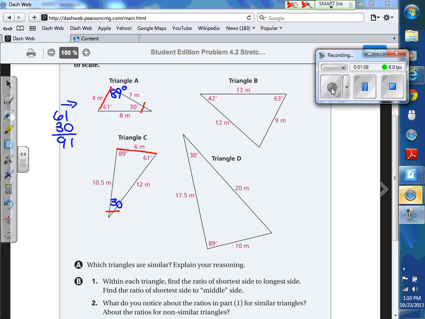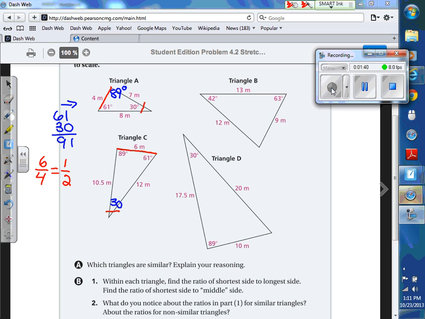So the ratio is, if I compare 6 to a side, I have to compare it to 4 if I'm comparing corresponding sides. For me to tell if the triangles are similar, I have to look at other corresponding sides and make sure they're all proportional. This reduces to a half, right? So when comparing triangle A to triangle C, we're in a 1:2 ratio.